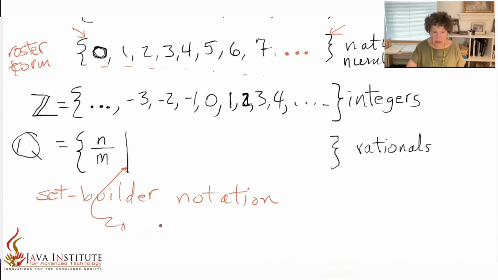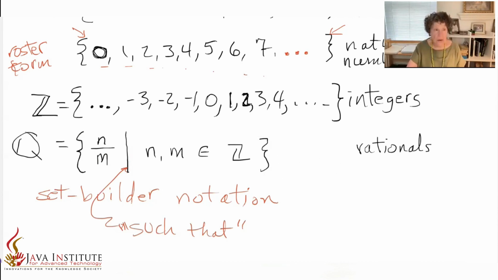That's how we read it. And we say this is the set of all n over m such that n and m are integers. That's the set of rationals.